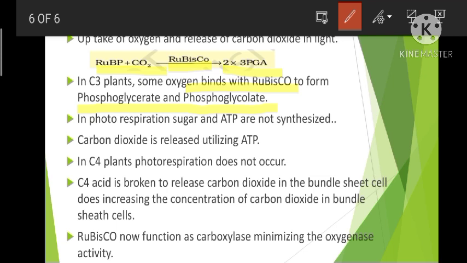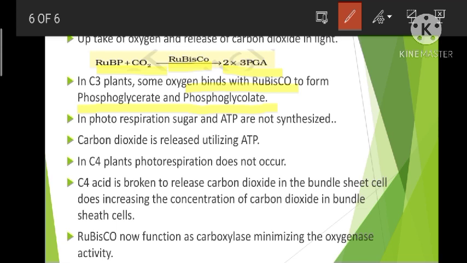So if Rubisco is acting as a carboxylase enzyme, RuBP combines with carbon dioxide to form 2 molecules of 3-phosphoglyceric acid. But when Rubisco acts as an oxygenase enzyme, RuBP combines with oxygen to form 1 molecule of 3-phosphoglyceric acid and another molecule of phosphoglycolate.